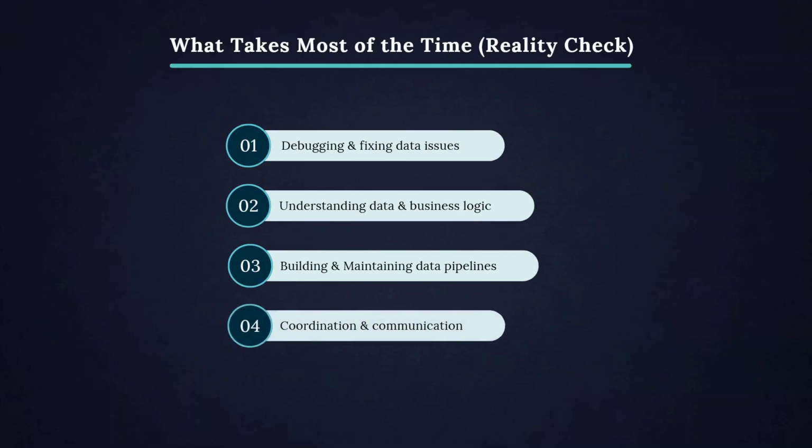And finally, coordination and communication. Working with other teams, reviewing changes, and adapting to new requirements is part of the daily work. So, data engineering is less about writing new code every day and more about making sure data stays reliable, accurate, and usable over the long term.